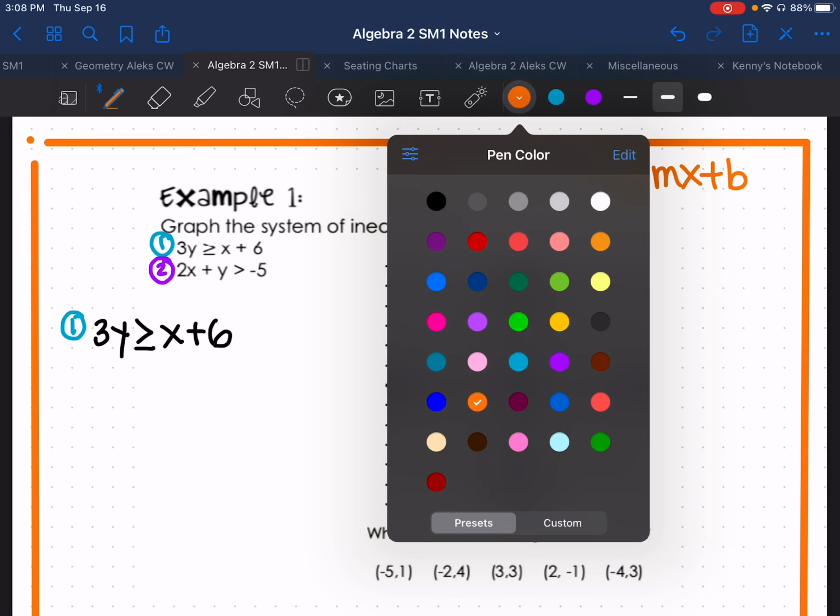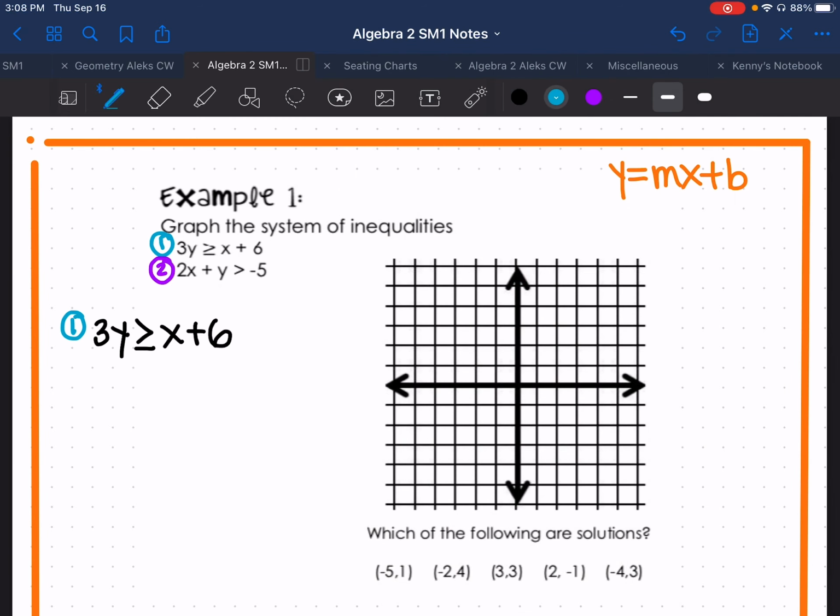So if I take a look at my line over here, y is not alone. There's that 3 being multiplied by it. So what I like to do is I like to circle the inequality because remember, an inequality can flip on you. It only flips if you divide by a negative number. And I'm hoping that I'm going to show you that today. I'm pretty sure I am.